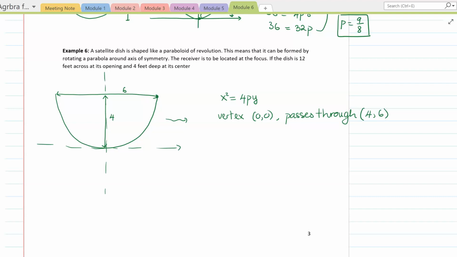I can solve for p, that is the location of the receiver. So then 6 squared equals 4p times 4. 36 equals 16p. p equals 36 divided by 16. Simplify this by 4, so this is 9/4 feet away from the bottom of the satellite.